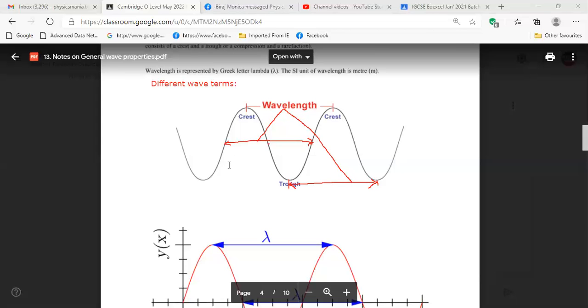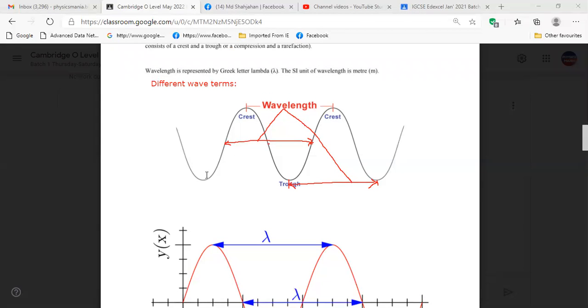And you also draw this diagram. Write the heading, draw this diagram, both of you. Wavelength you will get in all the waves.